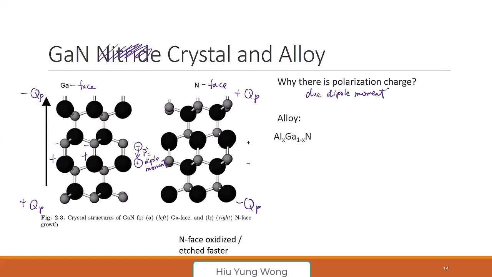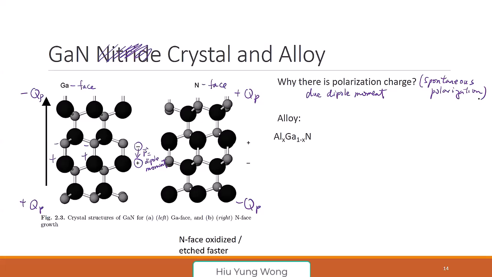Note that I did not apply any electric field. I did not apply anything. And we call this spontaneous polarization. The material itself just has polarization, positive and negative on different sides. Okay, that's the special thing about gallium nitride.